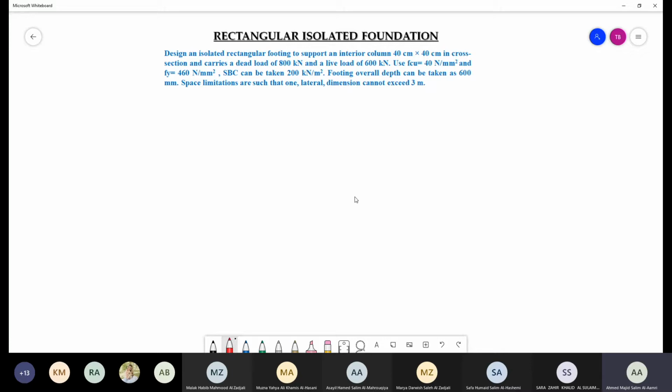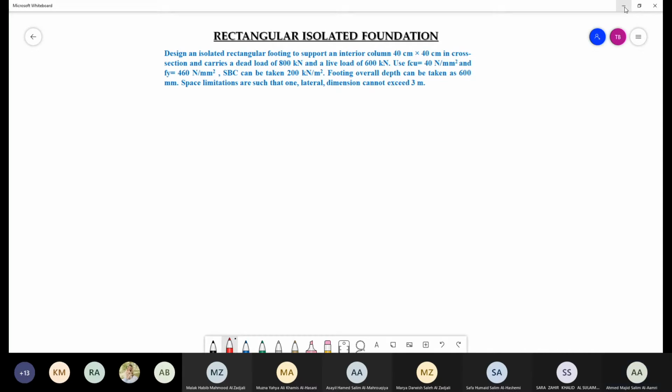Okay. Now the slides are there, containing all the steps, but we are going to solve it directly on the whiteboard, so you will hopefully understand it a bit more.